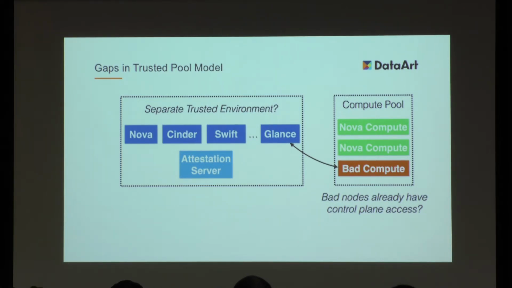That's not good. So you have a system that you can say is compromised, something's gone wrong with it, whether the BIOS has been tampered with, maybe the operating system, the hypervisor has been tampered with, and yet it's still allowed control plane access before it can get kicked off.